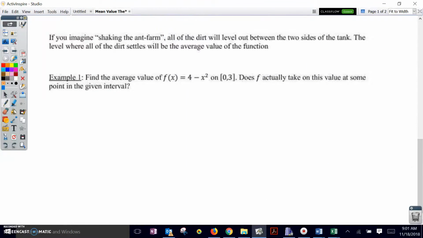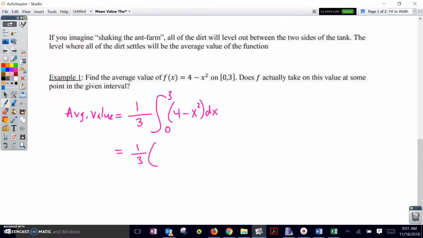Example 1. Find the average value of the function f of x equals 4 minus x squared on the interval from 0 to 3. Does f actually take on this value at some point in the interval? So first we're going to find the average value. And the average value is going to be equal to 1 over b minus a, 1/3, times the integral from 0 to 3 of the function. And so the average value here is 1/3 times whatever we get for this value.